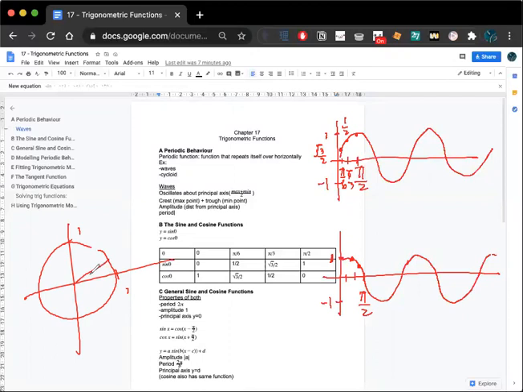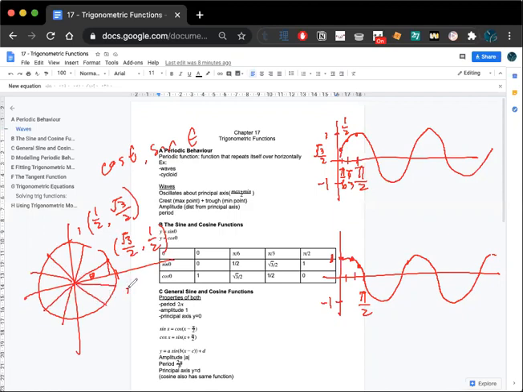If we have something like this, this is cos theta and sin theta. That would be pi over 3, 1 over 2, comma, square root of 3 over 2, and so on.